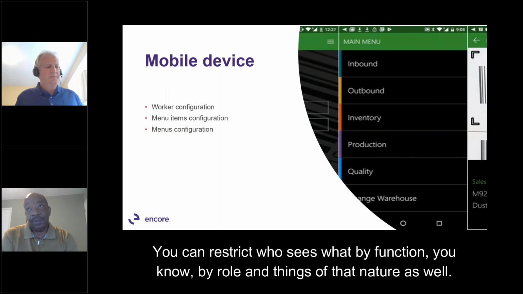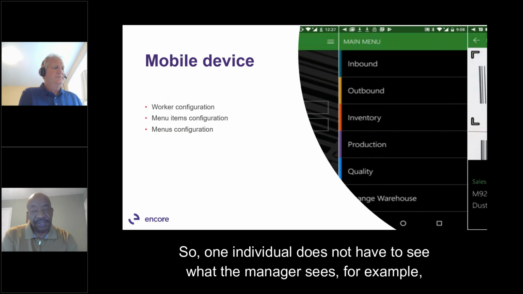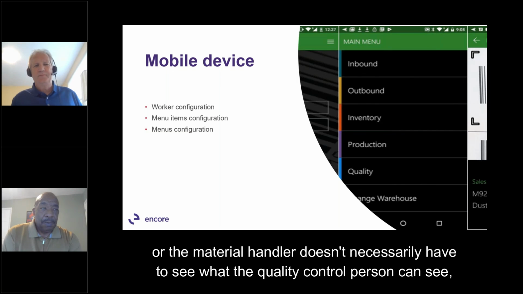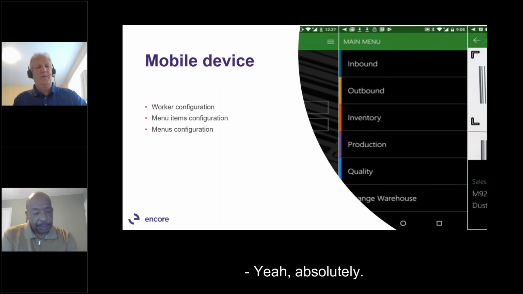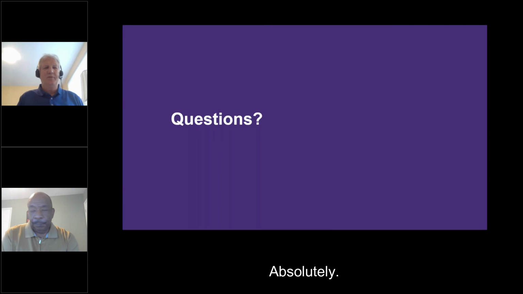You can restrict who sees what by function, by role and things of that nature as well. So one individual does not have to see what the manager sees, for example, or the material handler doesn't necessarily have to see what the quality control person can see. All those types of things. It's highly configurable. Yeah, absolutely.